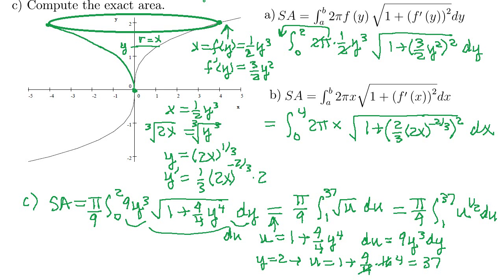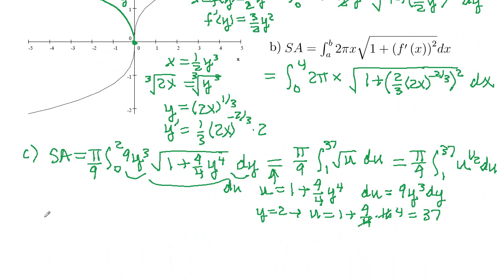That's not bad. So we got a pi over 9 out in front. And now the antiderivative here will be u to the 3/2 power, add 1 to the exponent. Divide by 3/2 is the same as multiplying by 2/3. And we're going to evaluate from 1 to 37. And then the 2/3 here, we can factor that out of the evaluation, distributive property.